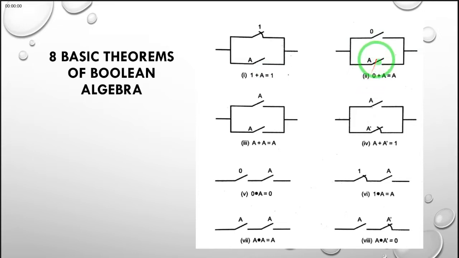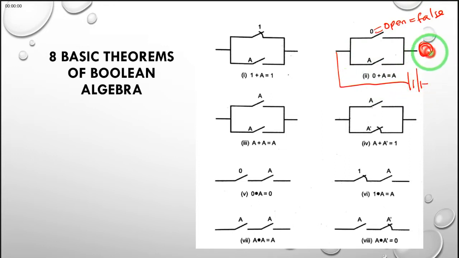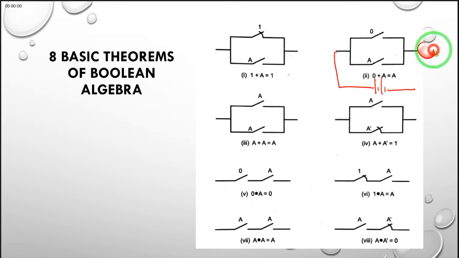Another one is if this switch now is open, meaning that it is not closed, equivalent to a false, that means the output that you are going to measure here, assume that you have some bulb connected. You are measuring the bulb as your Y, and your operation 0 or A is the one that you want to test.